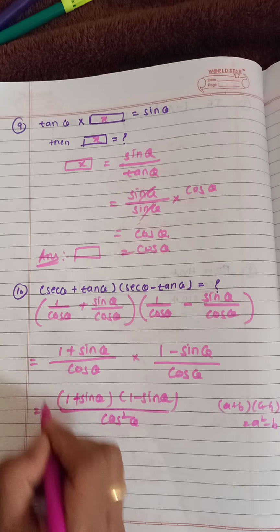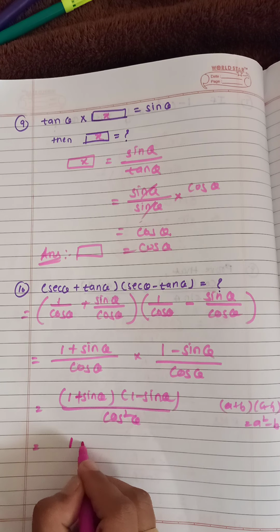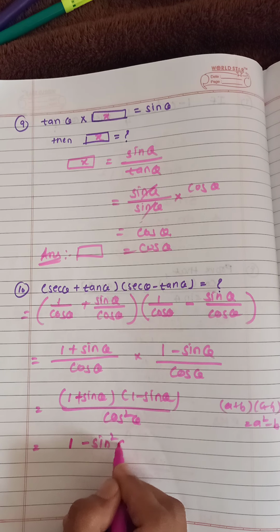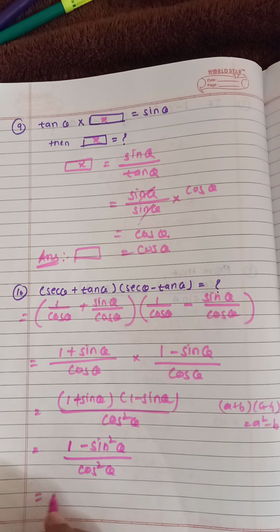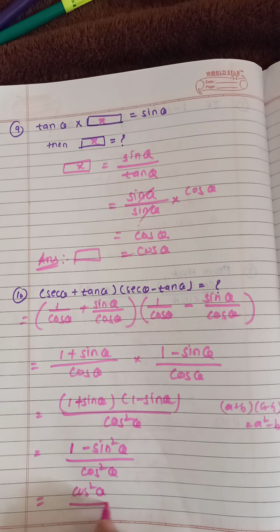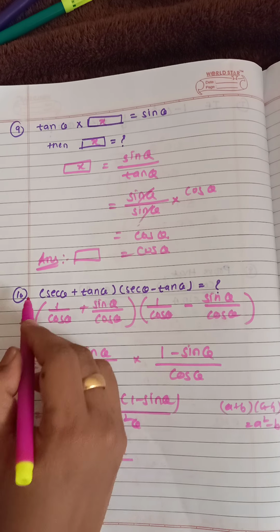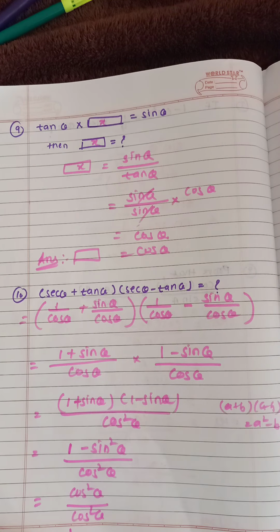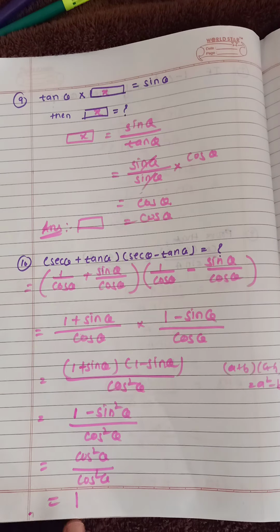So this is 1 square, that is 1 minus sin square theta upon cos square theta. Now 1 minus sin square theta is cos square theta upon cos square theta, that is equal to 1. So write this is equal to 1. So the answer is 1.